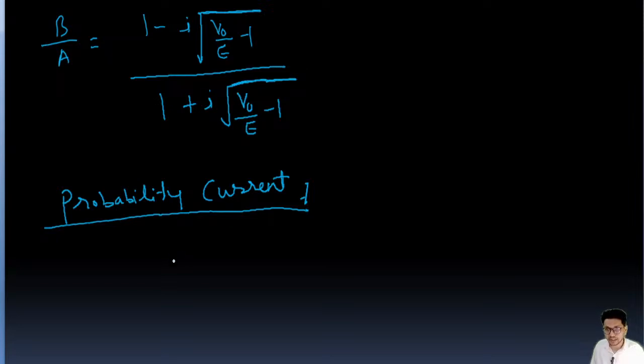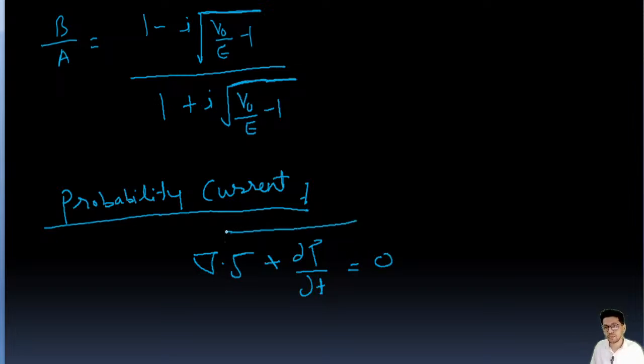First I will write the equation of continuity for charge, the flow of charge. That is divergence J plus del rho upon del t is going to be 0, right? So this is the equation of continuity for flow of charges.